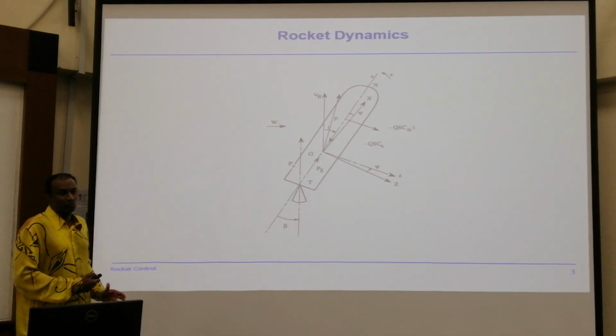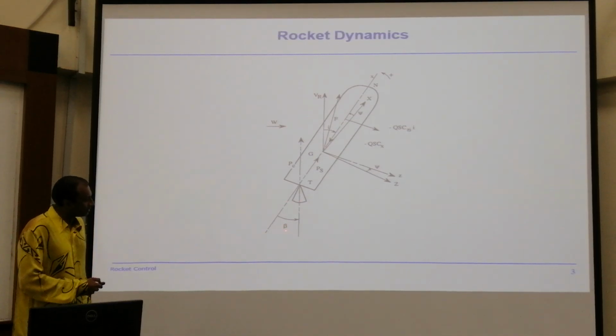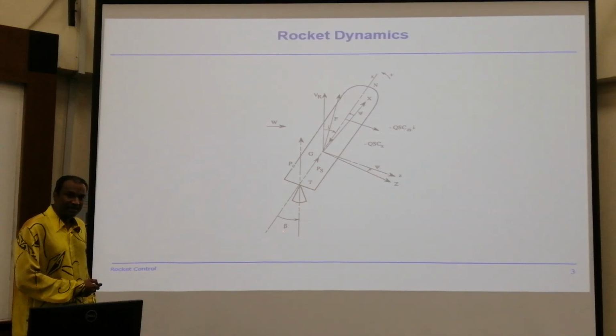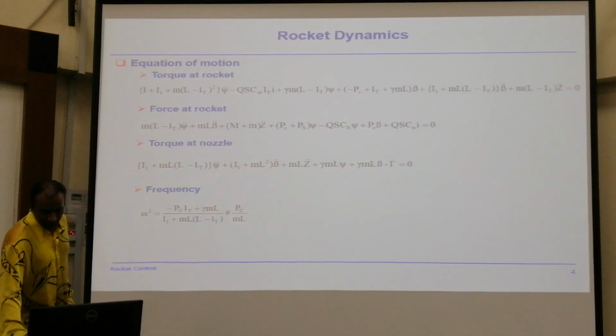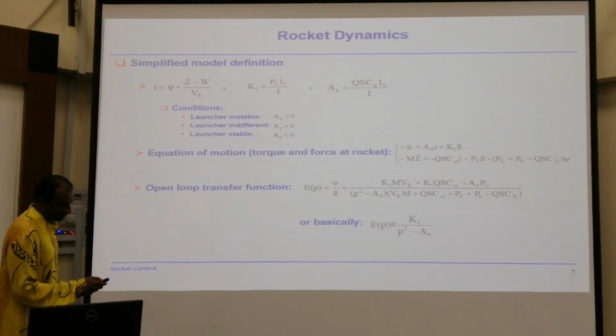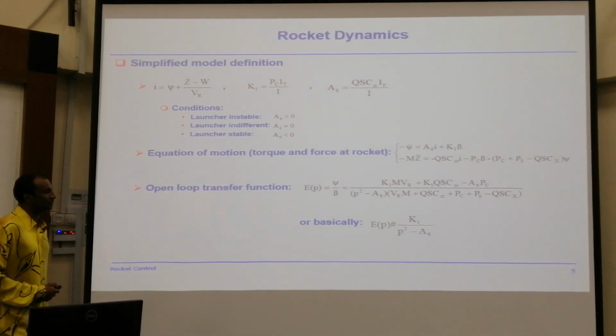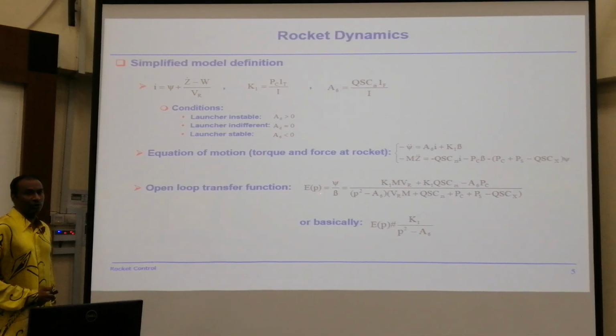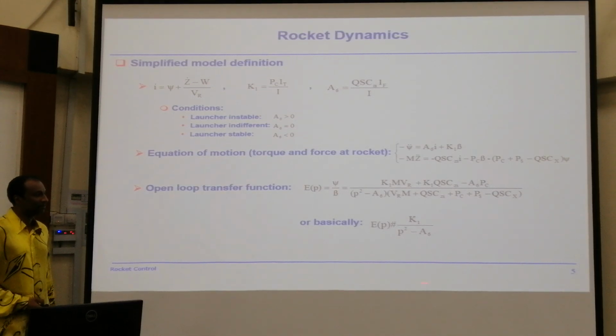So in order for us to ensure what is needed and that beta can be safely delivered, we must make sure that the actual dynamics, the open transfer function for these two quantities, is basically in a stable manner.